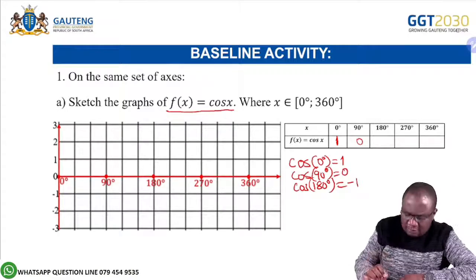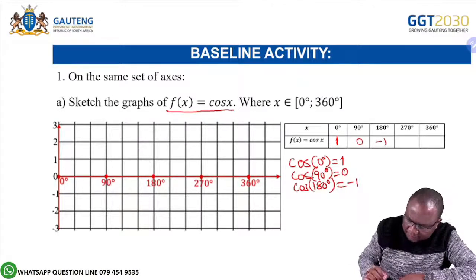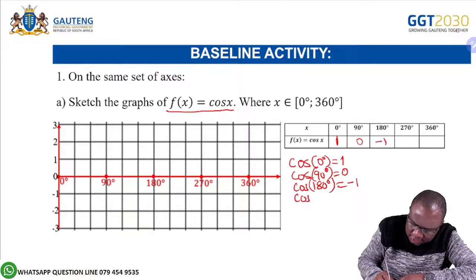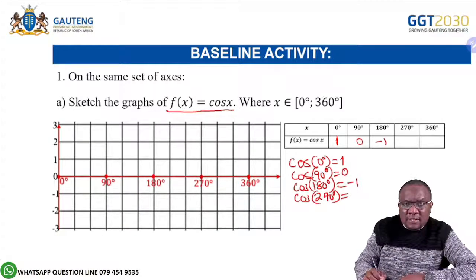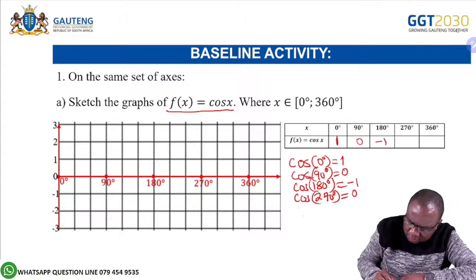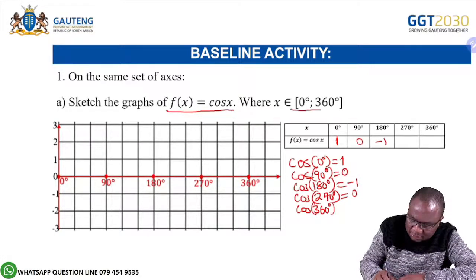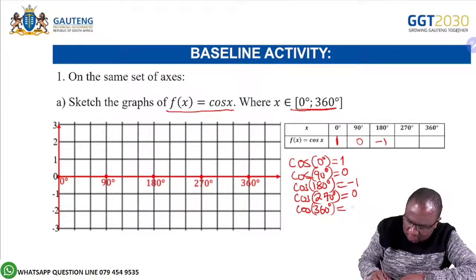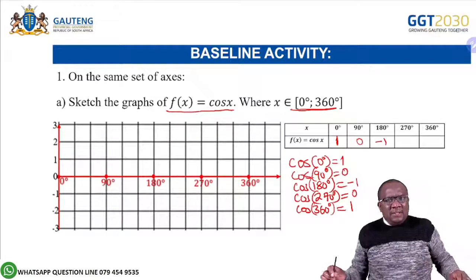Don't write anything. I'll give you time to write. And then what about cos 270 degrees? It is 0, isn't it? Yes, it is 0. And then the last one, cos 360 degrees, because our domain says from 0 to 360 degrees. So it's going to be 1.